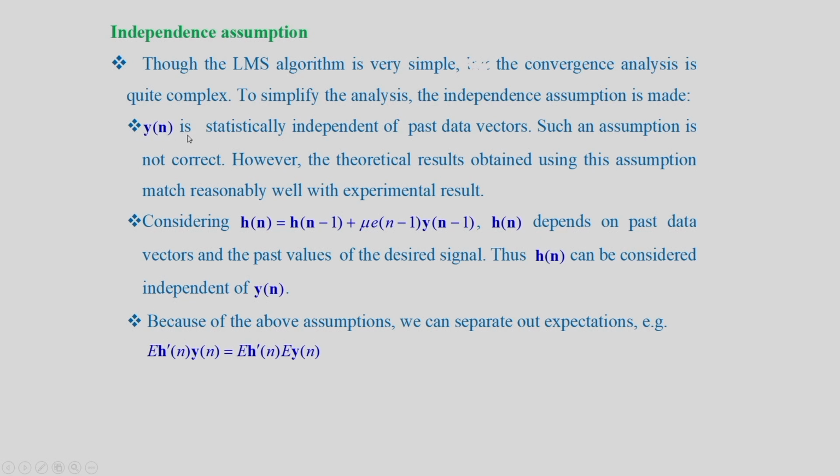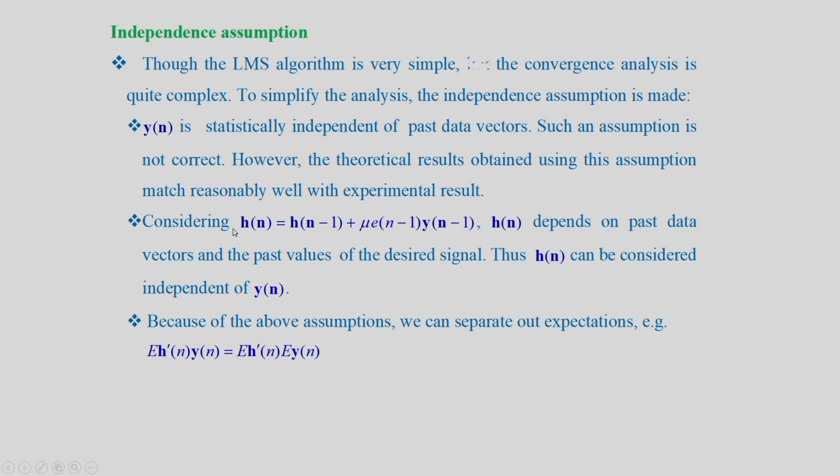The data vector y(n) is statistically independent of past data vectors. Such an assumption is not correct, because all data vectors will be dependent only. However, the theoretical results obtained using this assumption match reasonably well with the experimental results.